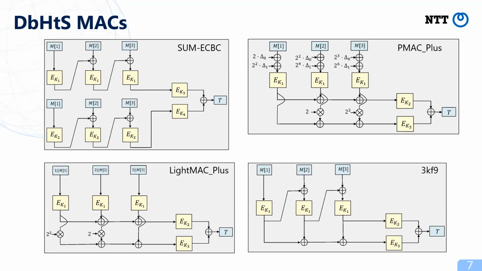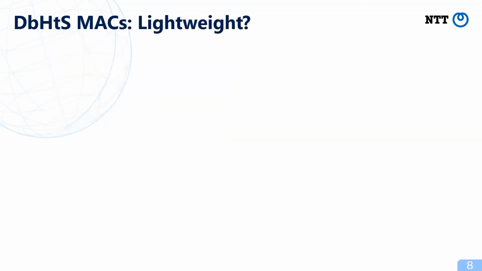So how about the lightweightness? Well, SUM-ECBC uses two block cipher calls per block of message, so it's maybe not so lightweight. But you can see that PMAC+, LightMAC+ and 3kf9 only use one block cipher call per message block. LightMAC+ and PMAC+ have the advantage of being parallelizable, but they use some field multiplication along with each block cipher call. And we are left with 3kf9, which has no field multiplication, and it works.